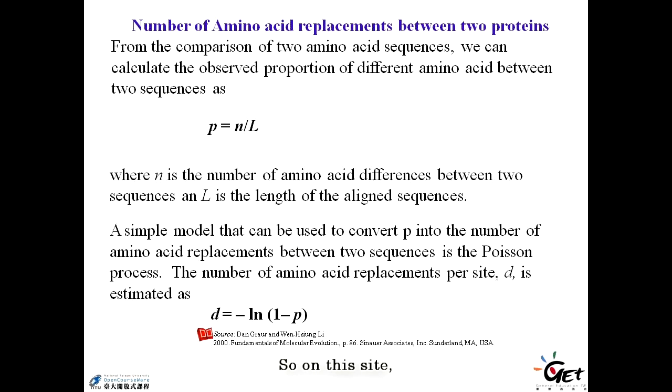So on this slide, I try to show you how to compare two amino acid sequences, do the alignment, and count the differences, and we can calculate the observed proportion of differences between the two sequences we aligned. Then we can calculate the distance, just by taking the minus natural log of that.